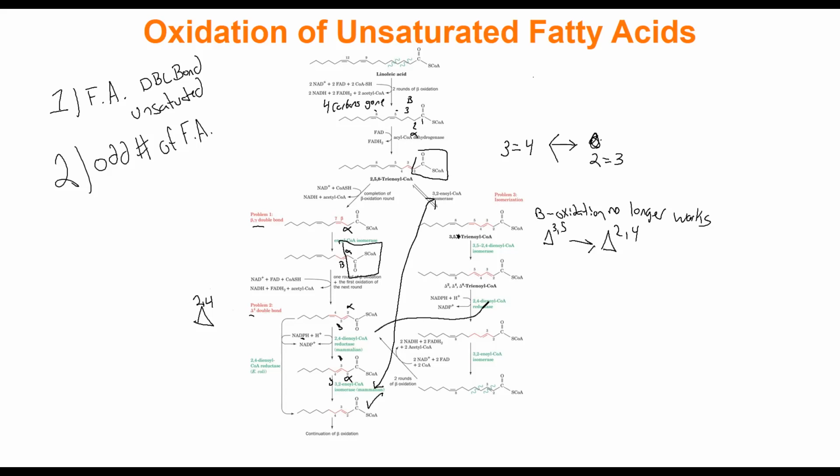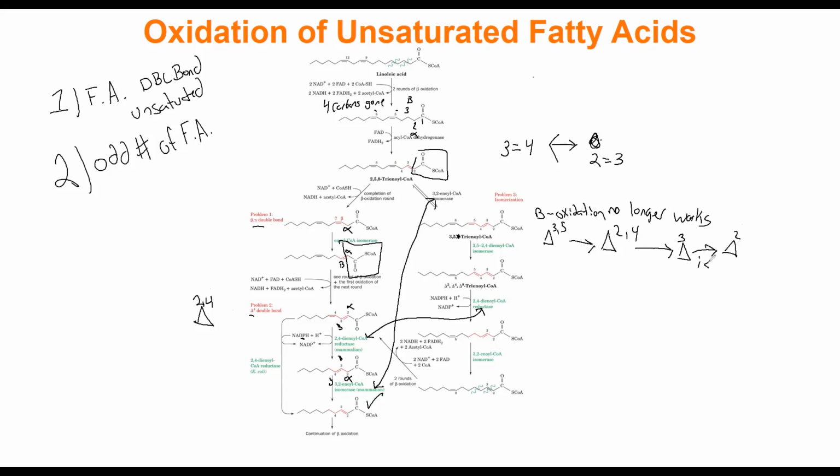So now it's the same thing, where you use your reductase, change your delta 2,4 into a delta 3, then use an isomerase to change it to a delta 2.